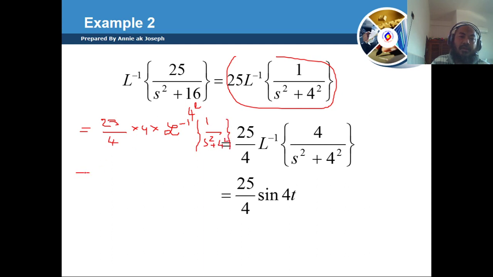Now 4 can get in, so we have 25 divided by 4, and then inverse Laplace of 4 divided by s square plus 4 square.